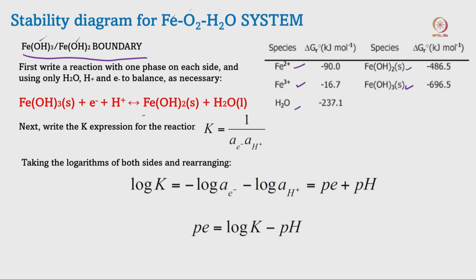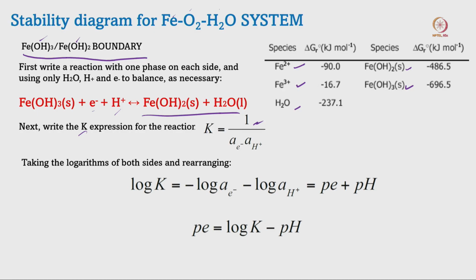Here you see both are pure phases, one is a solid and a liquid. So, we are not going to write that in the K equation. Okay. So, if we are trying to express the K, so we write K is equal to 1 by A to the power E and A to the power H plus only this. All the pure phases, solids and liquids, they are going to be removed.